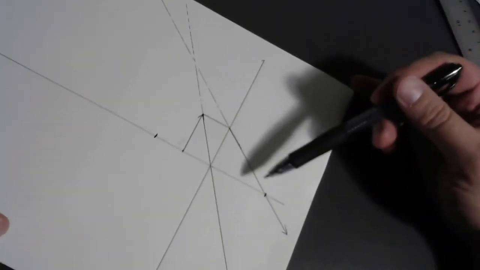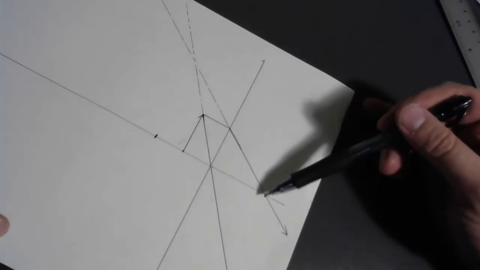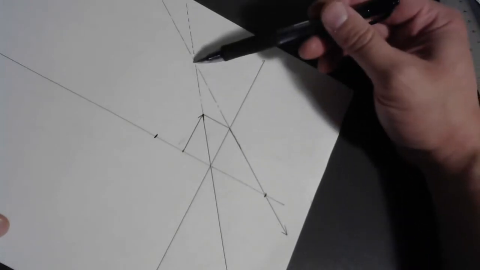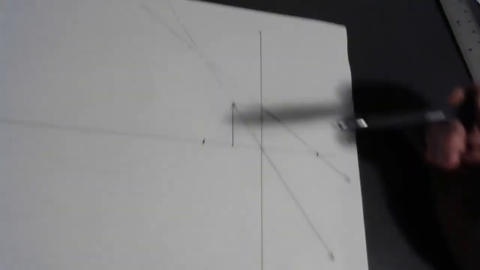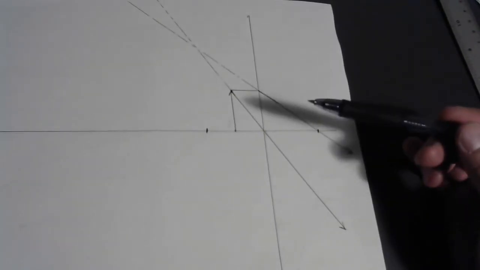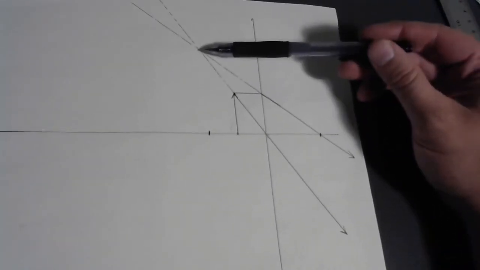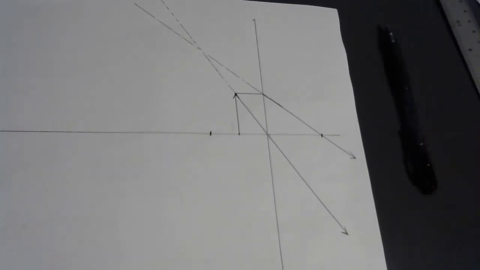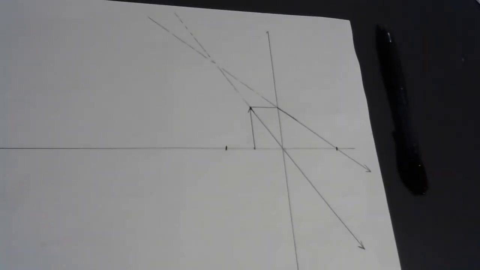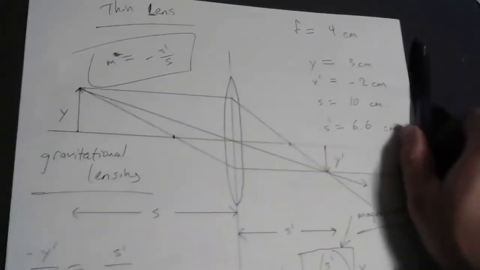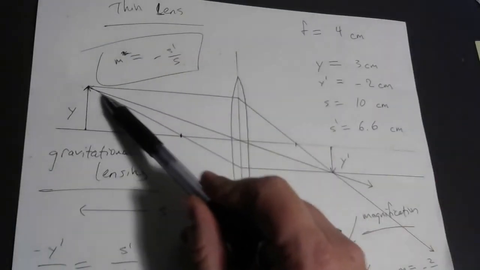As far as your eye can tell, these rays really did diverge from a point back here. Let's confirm with the third ray that this really is the location of the image. How do we do that third ray? Well, when the object was outside the near focal point, we drew a ray through that focal point.